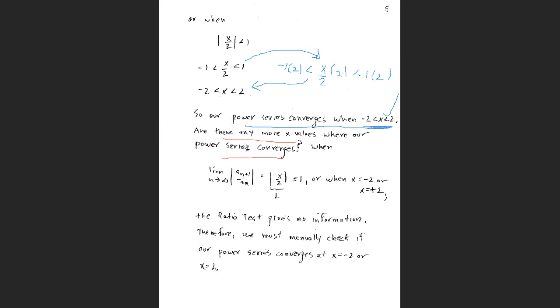Okay. So let me ask you this. Here, the values of x that satisfy this inequality, which means x is between -2 and 2, for those values of x, our power series converges.